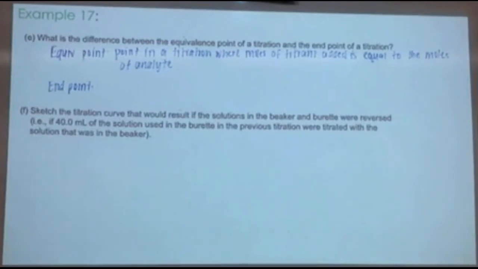So the equivalence point, that's like the stoichiometric equivalence point. It's the point in a titration where the moles of titrant is equal to the moles of analyte. So we say it's the moles of acid equals the moles of base.